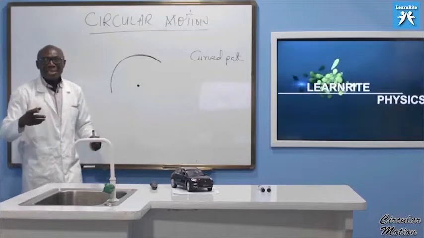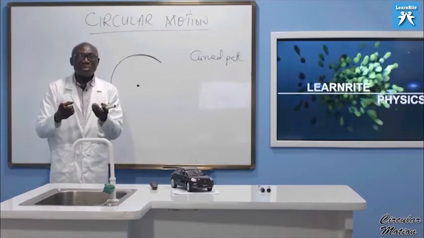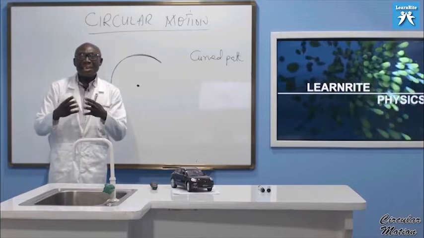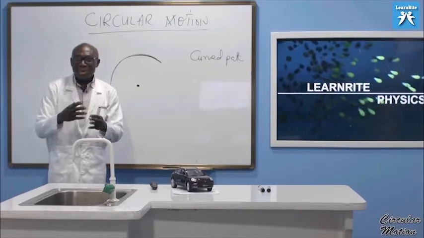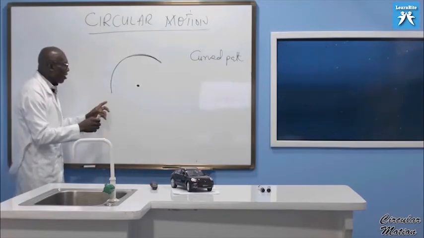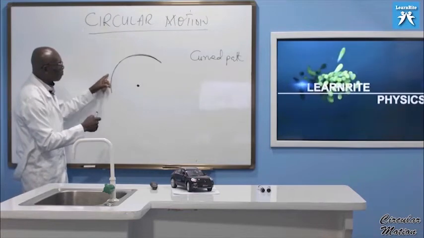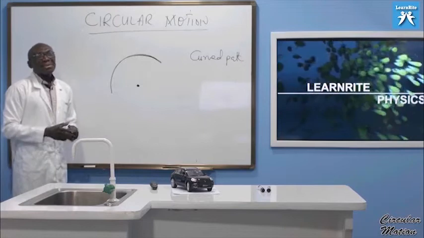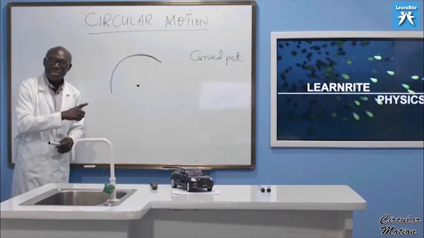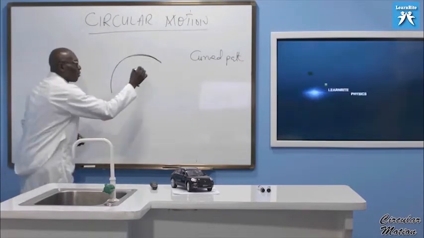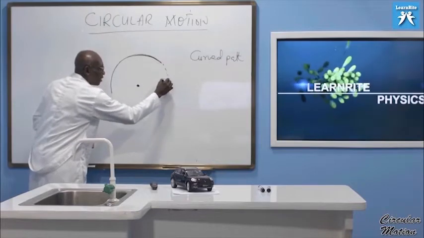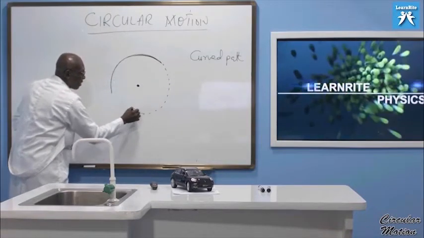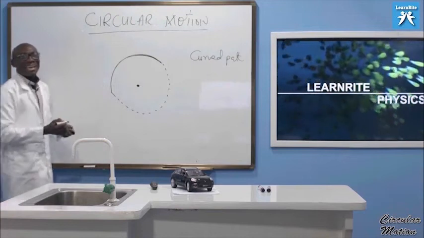You might think that the circle must be completed before we can consider that a circular motion. But let's look at this. The car could move along this path, and we shall call this path a curved path. Look, can't we complete the circle out of it? We can do so. And what we do is to complete the circle. And here we are.